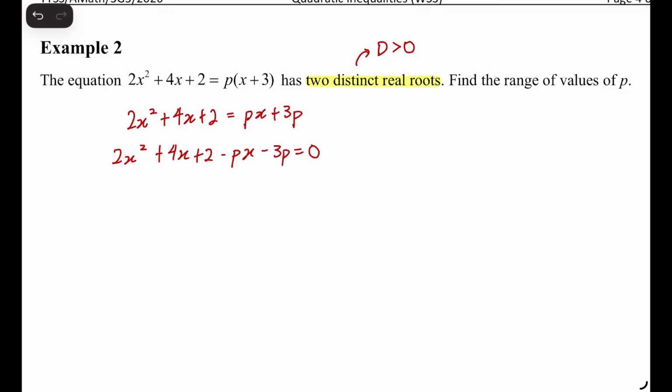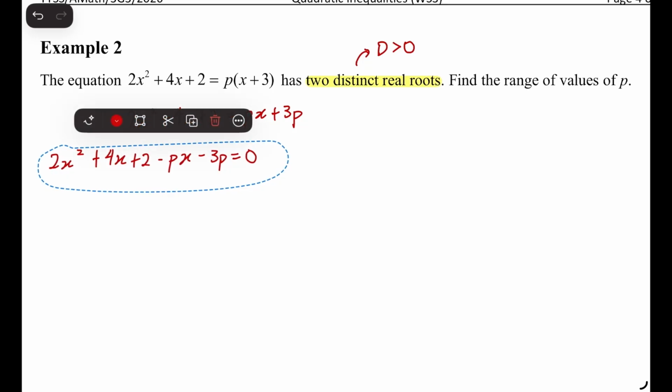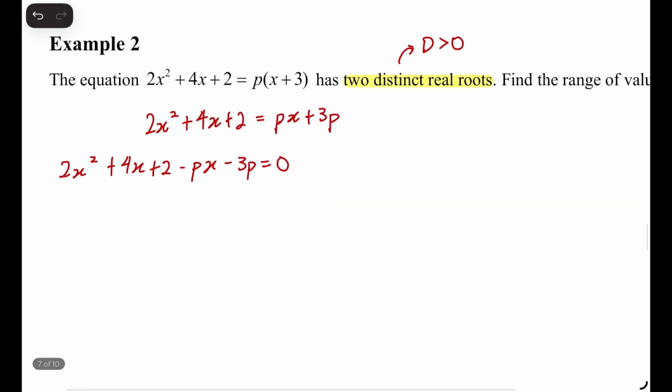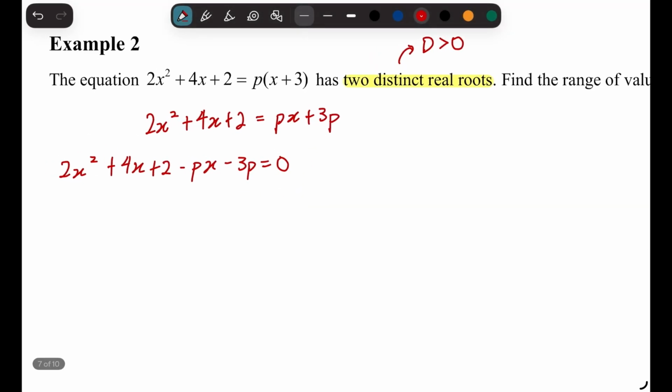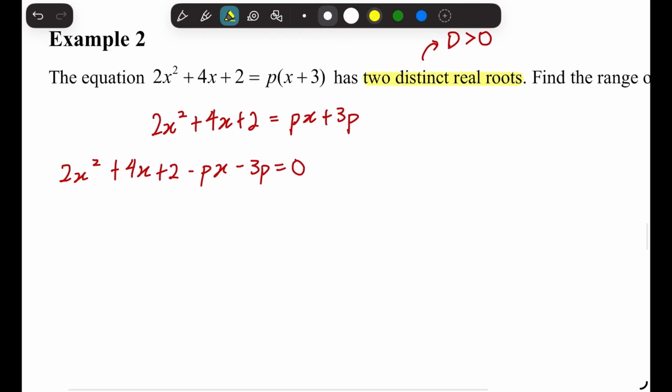Then from here, in order to simplify my left hand side, I combine like terms together based on the power of x. So let me highlight my like terms so that you can visualize. 4x and minus px are like terms because of the common x factor inside the term. And 2 and minus 3p are also like terms because these are constants.